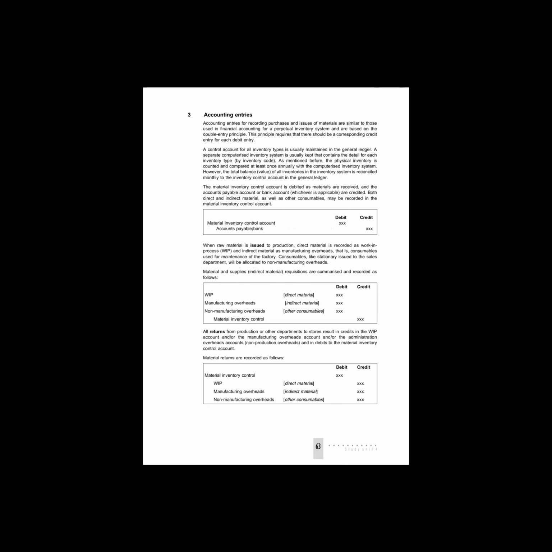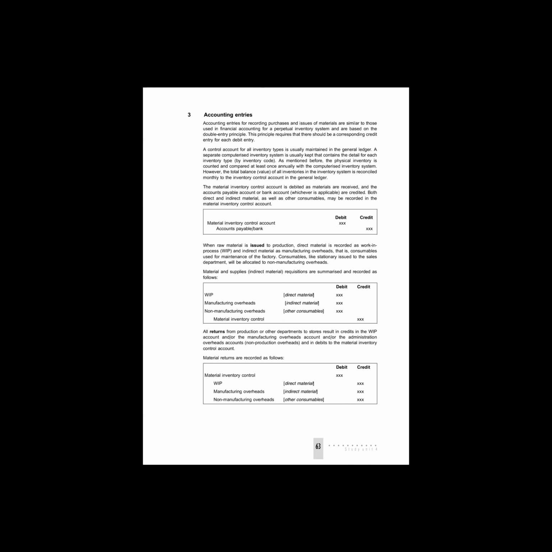All right, and then the accounting entries for that. So the material inventory is an asset, so you expect that you want to debit an asset all the time. It must increase on the debit side. So whenever you make a purchase, the first thing to do would be to debit the inventories control account.